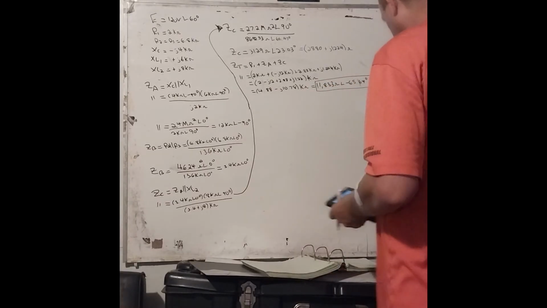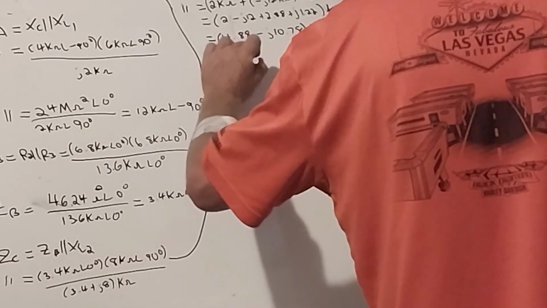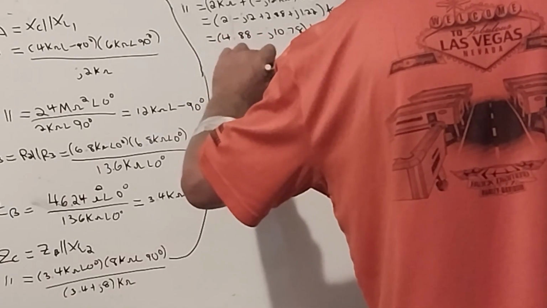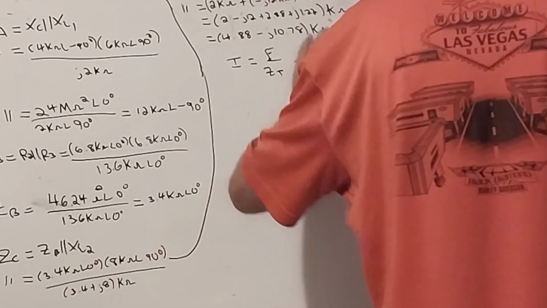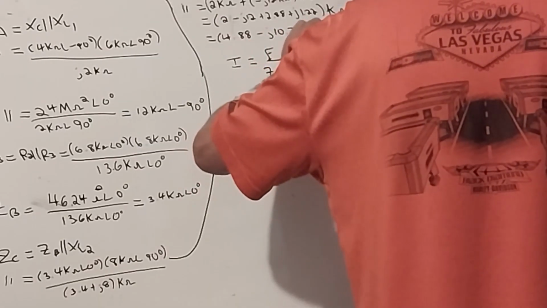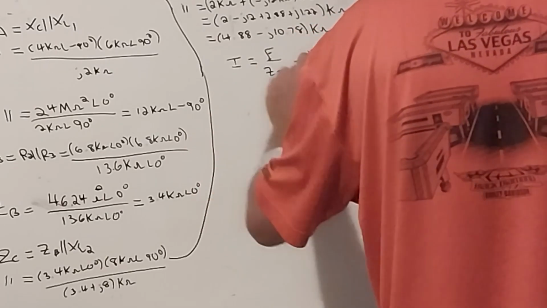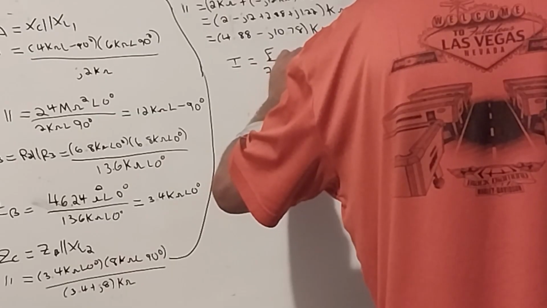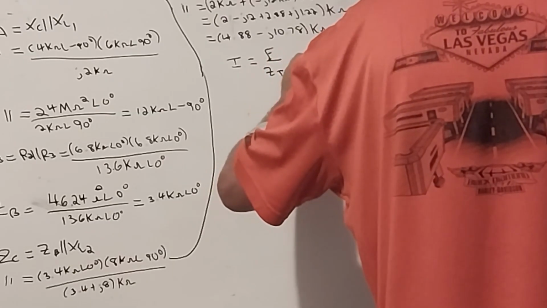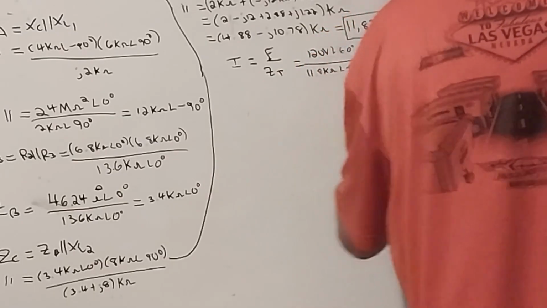Okay. We use Ohm's law. I is equal to E divided by Z sub T, which is 120 volts at an angle 60 degrees, and that's divided by 11.8k ohms at an angle of negative 65.64 degrees.